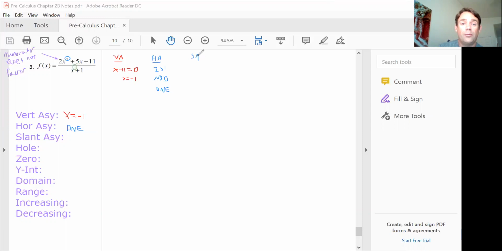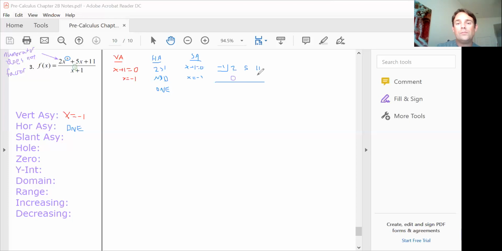So let's go find that slant asymptote. x plus 1 equals 0. When I divide by it, that means I'm dividing by -1. So -1 went in my box. The coefficients, 2, 5, and 11, went outside the box. Now I got to divide everything inside the box.